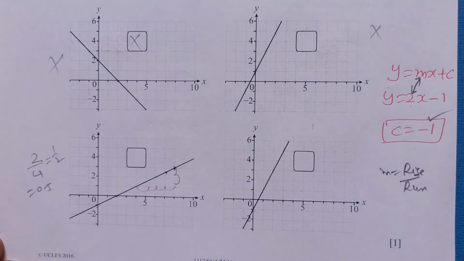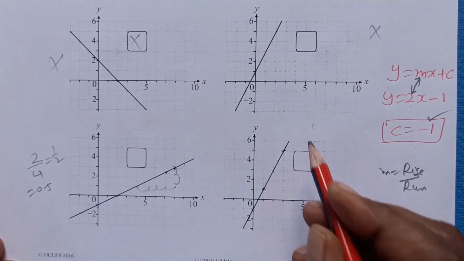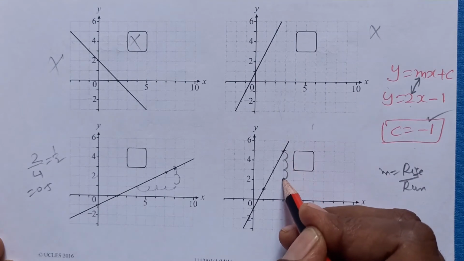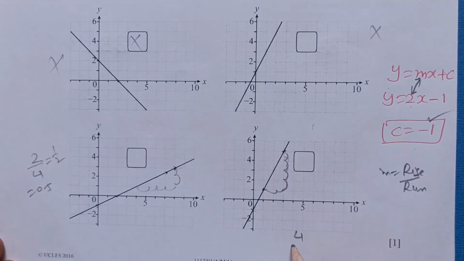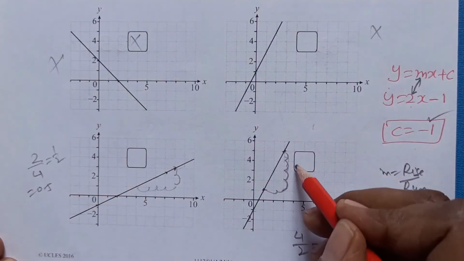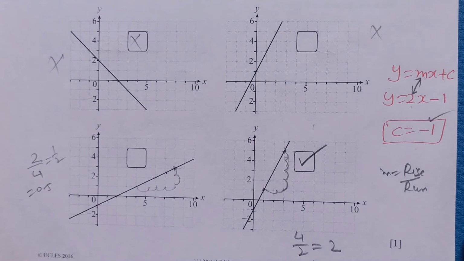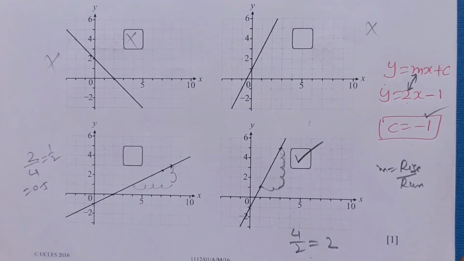So this may not be the answer. Let's check this one. I can take this point and this point here, 1, 2, 3, 4 over 2. So this is 4 over 2, so the slope is 2 here. That means this is the graph of the given equation.